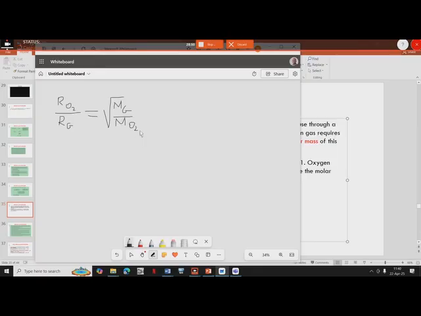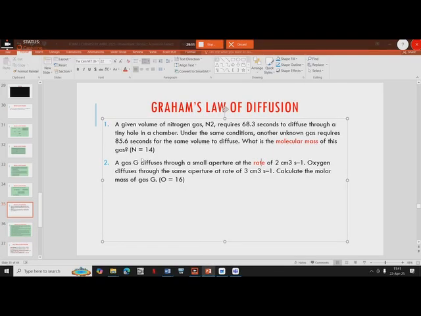The mass of gas G over the molecular mass of oxygen gas, O2, like this. So you can see the rate and the mass are inversely proportional. According to the law, where there is rate, the other quantity will be inversely proportional. So rate and mass are inversely proportional.